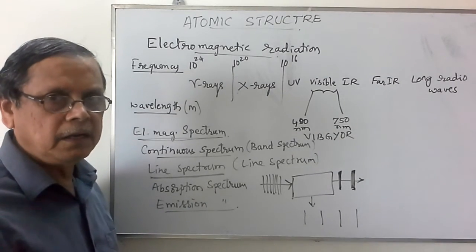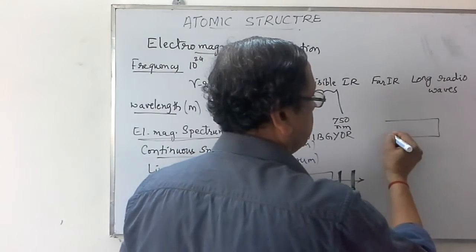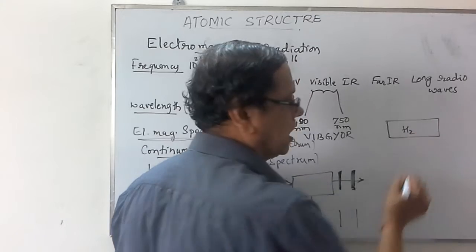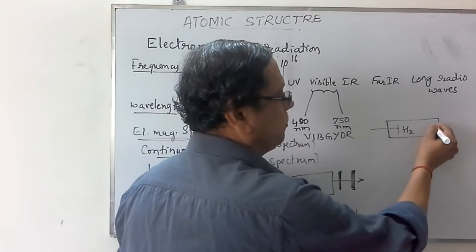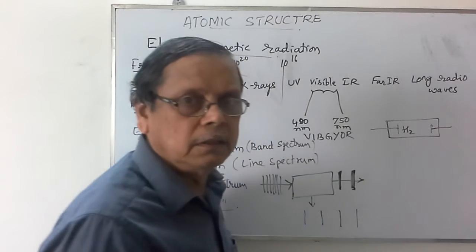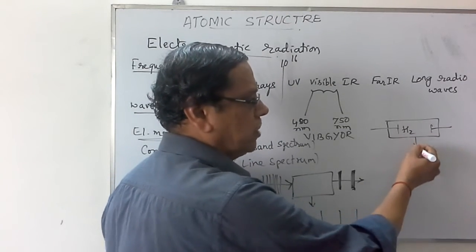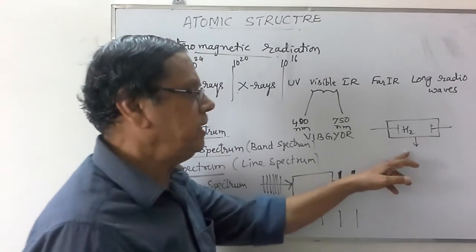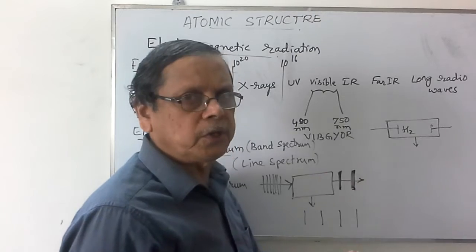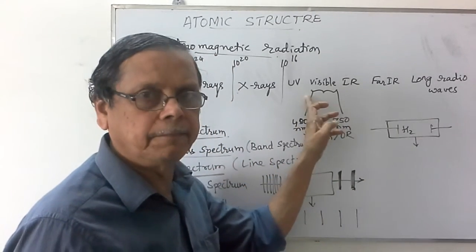Say for example, we have hydrogen. Assume that the hydrogen gas is placed in a discharge tube. Then a certain voltage is passed between the cathode and anode. When you observe the radiation that is coming, usually it first gives rise to some blue radiations. When such radiations are analyzed, we observe four important lines in the visible region.